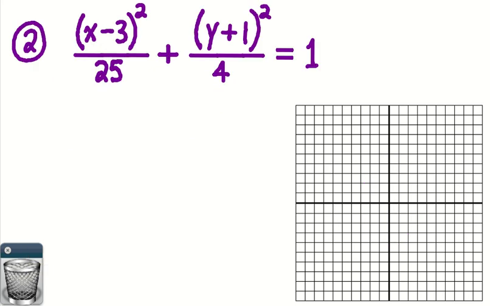Example 2, does this fit standard form perfectly? It does. And so my center would be h comma k. What's my h value? My h value is basically 3.